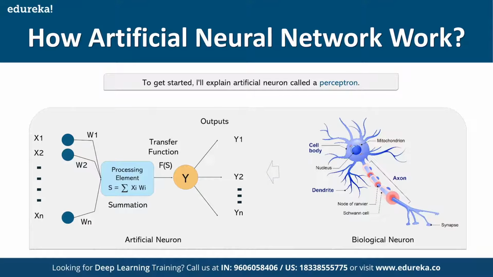Using this, there is a processing which happens in which these weights and the inputs are summed up and a bias is also added. Once this is done, there is a particular function which is added to that, which is known as the activation function.